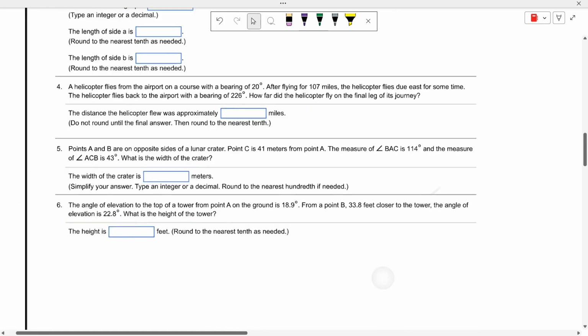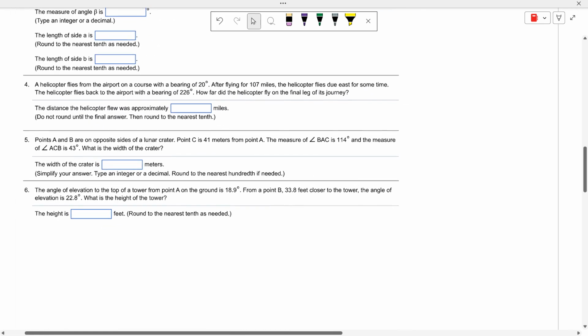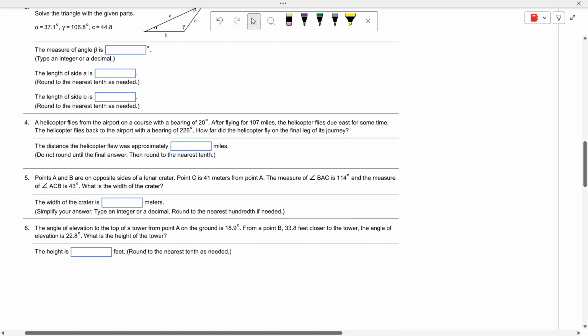If you join the Navy and the captain says we need to head on a bearing of 20 degrees, okay? Bearing is clockwise from north.